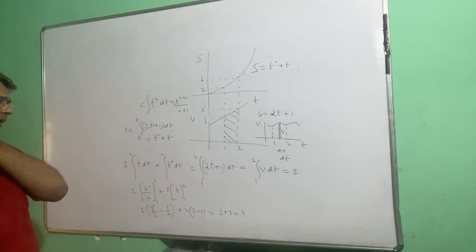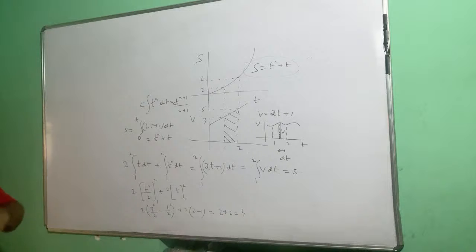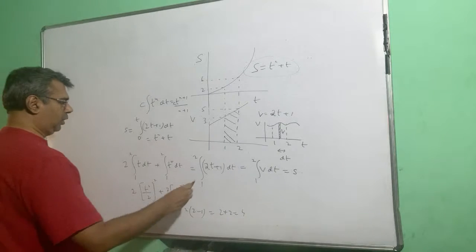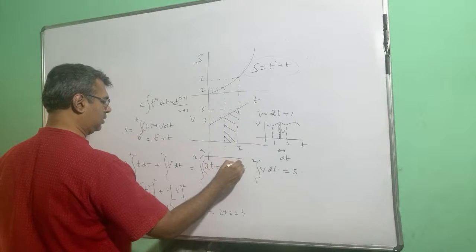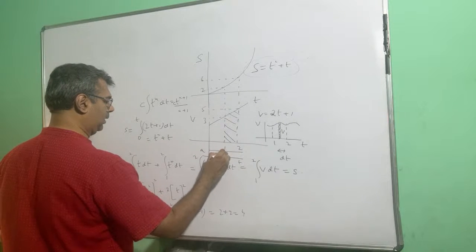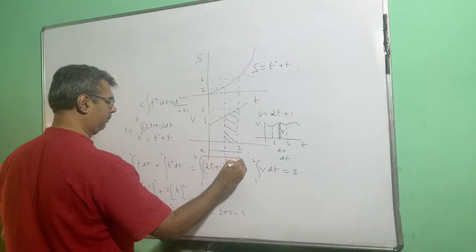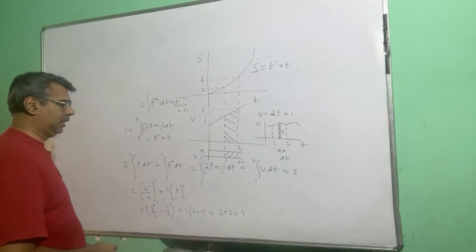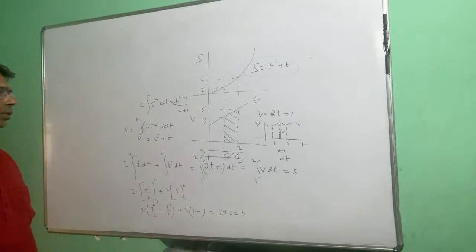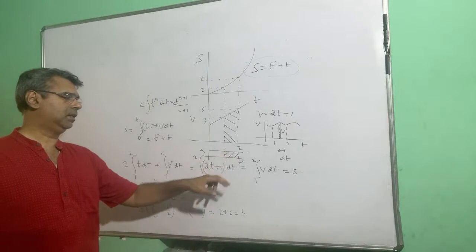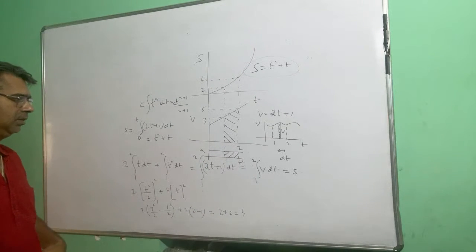So this is the technique of integration, right? Now my homework for all of you, as you know that there is another graph, that is acceleration time graph, and you know that between 1 second and 2 seconds, whatever is the area under the acceleration time graph, you all know extremely well that the area under acceleration time graph gives change in velocity.